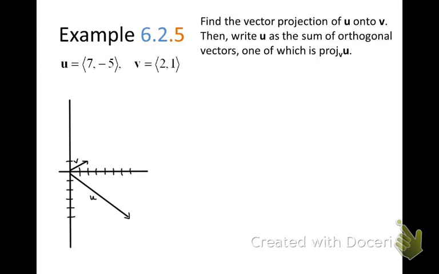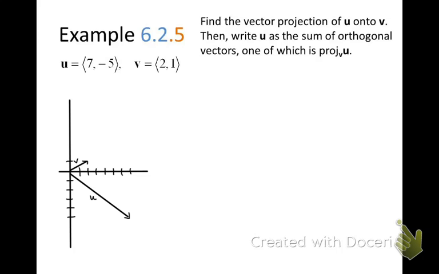So which vector am I projecting onto? I'm projecting onto the shorter, meaning that I want to start at the tip of u and draw a perpendicular line down to v. Now notice that if I were to start trying to draw a perpendicular line from u to v, am I going to be able to connect directly onto it? No, I'm going to have to extend v out a little bit.